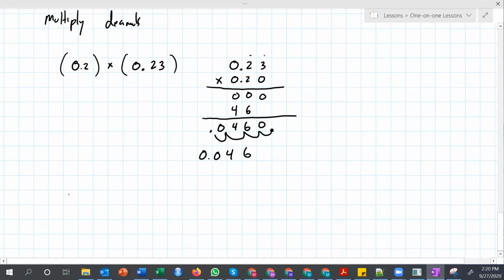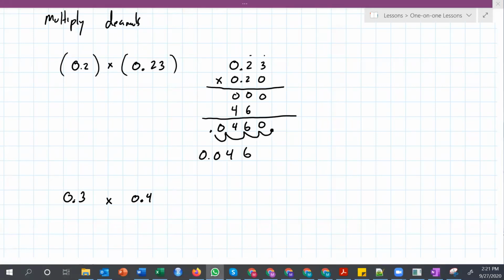So there's kind of a better way. Let's do another one here. Let's go 0.3 times 0.4. The better way is to take the numbers without the decimal. So in this case, 3 times 4. What is 3 times 4? 12.